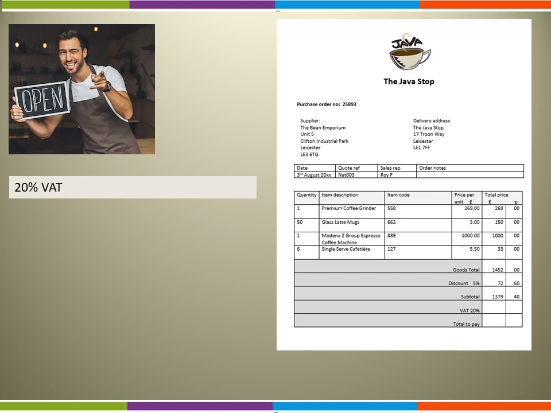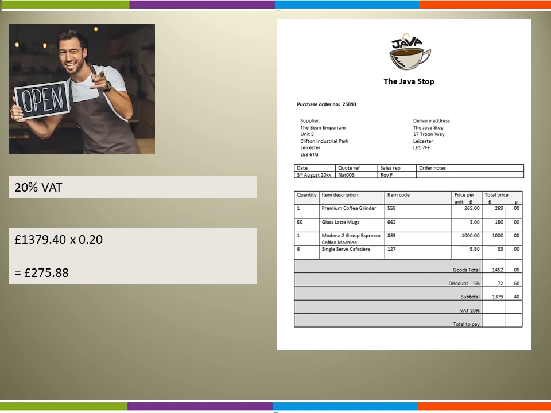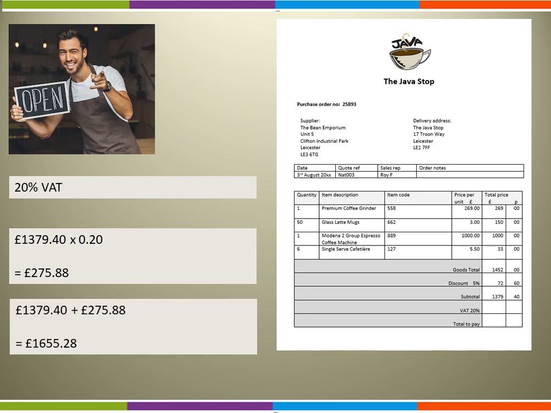Let's have a look. You should have worked out that the VAT to be paid is £275.88. We multiplied the 1379.4 by 0.2. We are then going to add this to our subtotal to calculate that the amount to be paid is £1,655.28.